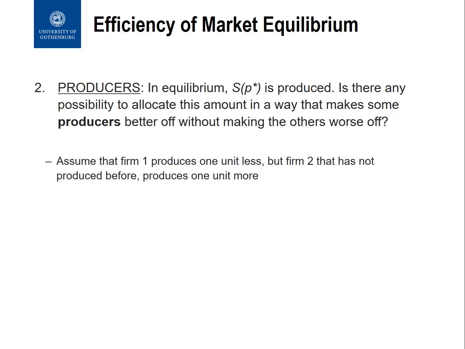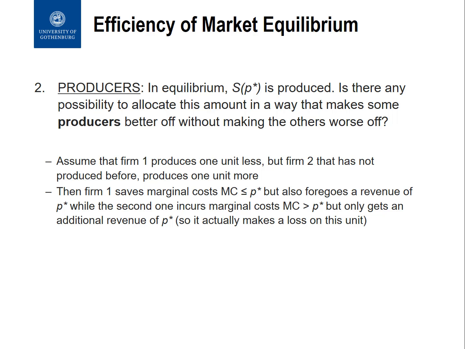So if firm 1 that has produced before now does not produce this 1 unit, she saves the marginal cost, which is smaller or equal to P star. But at the same time, firm 1 forgoes a revenue of P star because she doesn't produce.